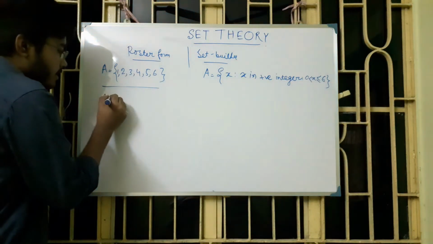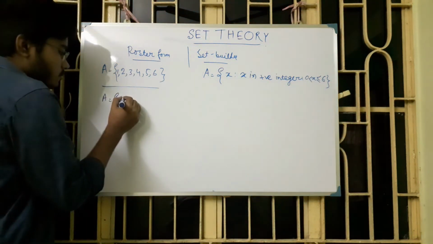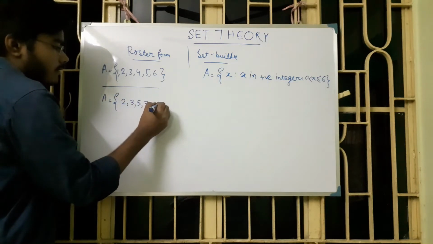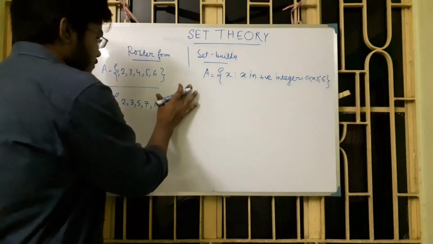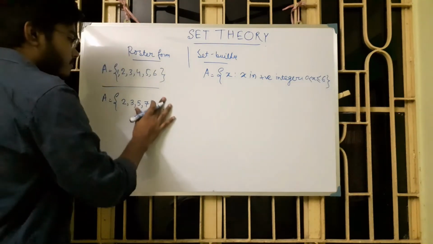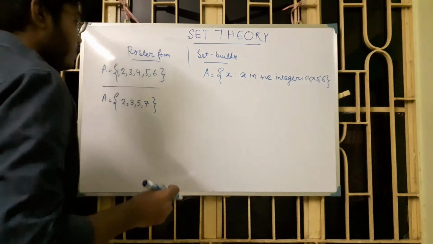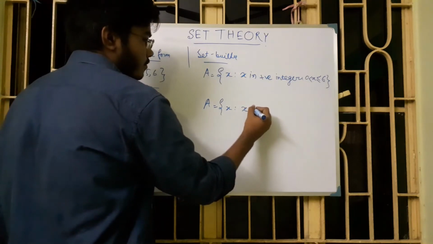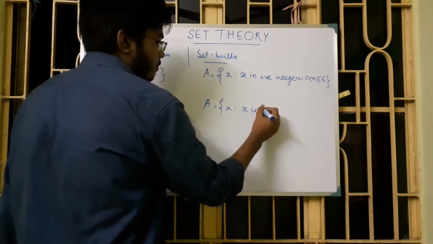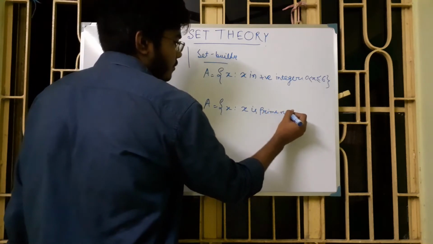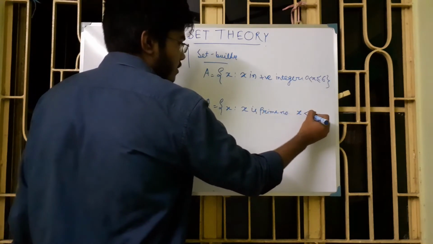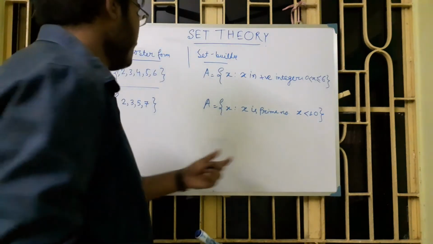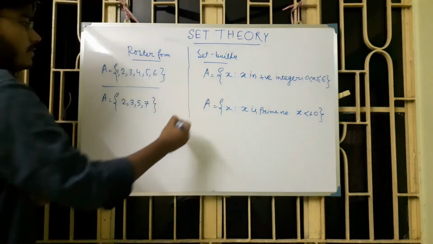And if we write a set that is {2, 3, 5, 7, 11}, let's leave 11. A is {x : x is a prime number, x is less than 10}. So all the prime numbers less than 10 form this set {2, 3, 5, 7}.